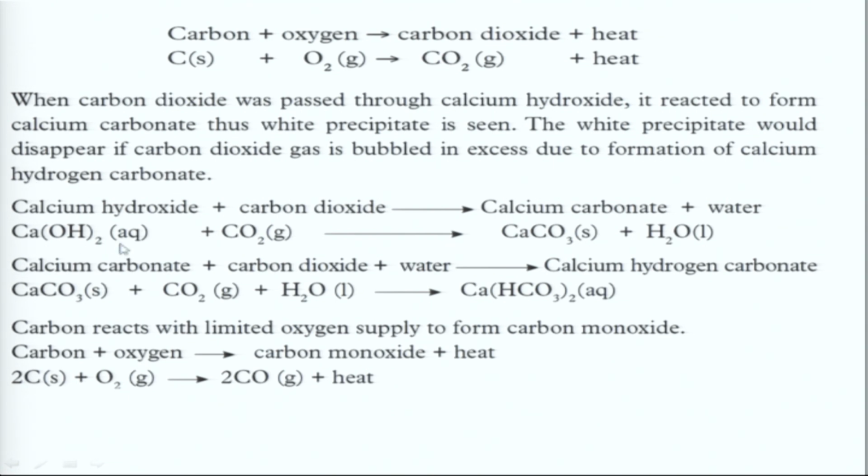All right? Normally, calcium hydroxide, as I said, is colorless. When it comes into contact with carbon dioxide, it forms what we call calcium carbonate and water. All right? So calcium carbonate is milky. The color of calcium carbonate is milky, whitish.